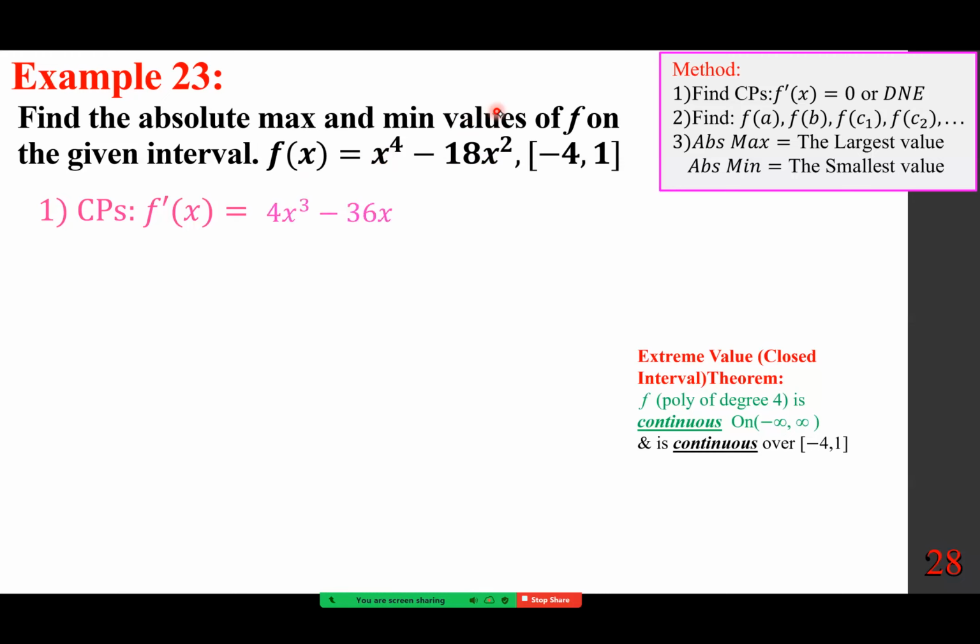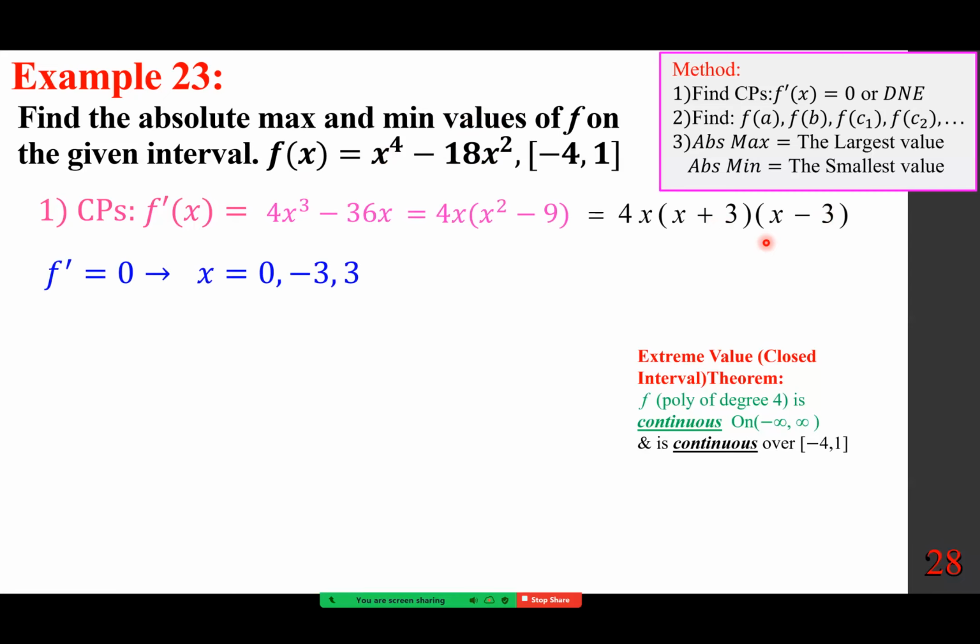Because we want to set this equal to 0, we are going to factor the 4x out. This is x plus 3, x minus 3. So there are three answers. x is 0, x is -3, x is +3. So when f prime is 0, it produces three answers.